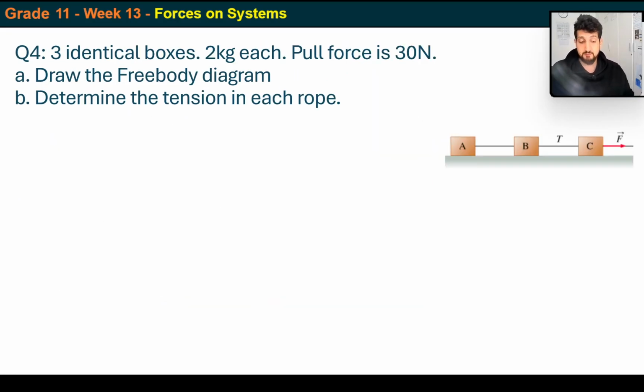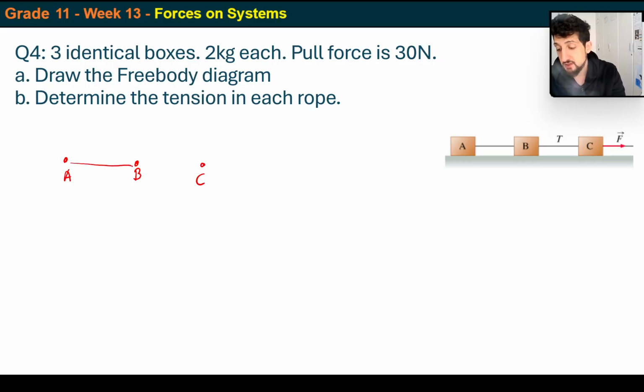Next, I've got 3 identical boxes, 2 kilograms each, and the pull force is 30 newtons. So that pull force over here is 30 newtons. And so I'm asked to draw the free body diagram to begin with. So here we go. A, B, C. Okay.